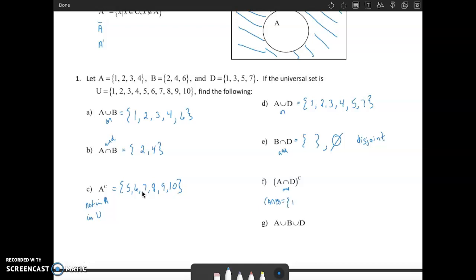That would be the elements 1 and 3. That's what's in both of those. So what's in their complement is everything that's not that. So I need to list everything in the universe that's not 1 and 3. That would be 2, 4, 6, 7, 8, 9, 10.